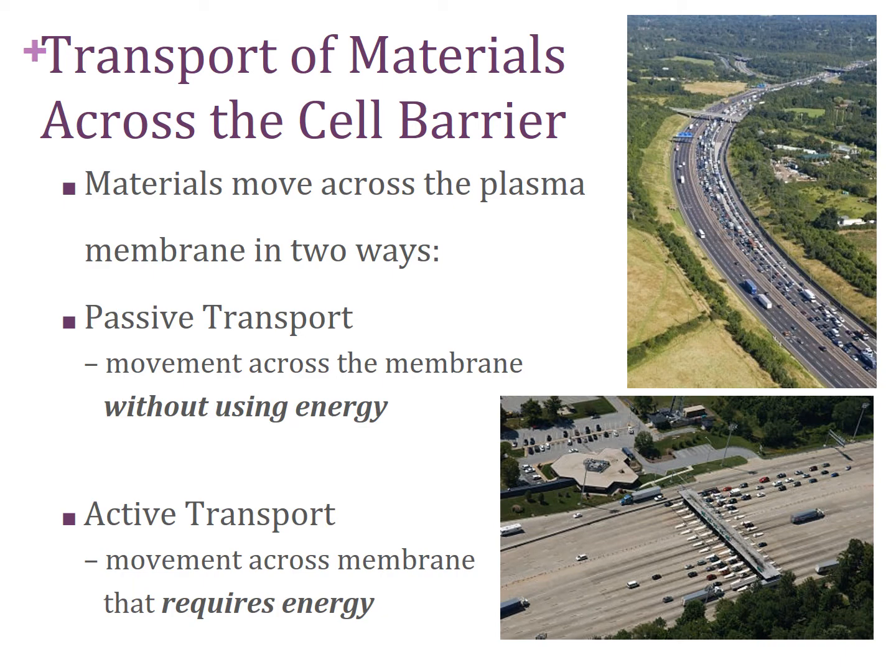And passive transport is very much like how our highways are here in Cincinnati. We don't have to give any money or any energy to go down the highway. But active transport is just like those highways in really big cities where you have to pay or use energy, because energy is the cell's money, essentially. You have to pay to get across the toll portion of the highway.